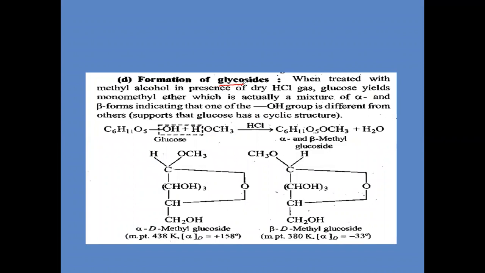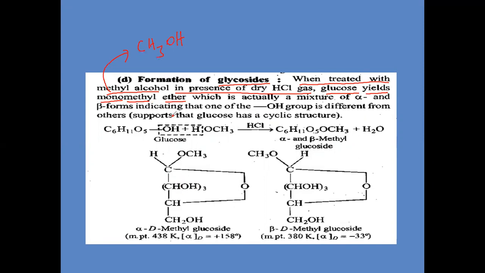And formation of glycosides. So when treated with methyl alcohol, CH3OH, in presence of dry HCl gas, glucose produces monomethyl ether.